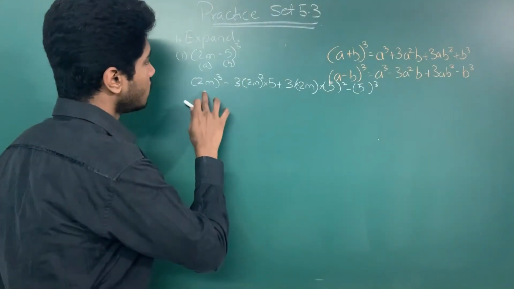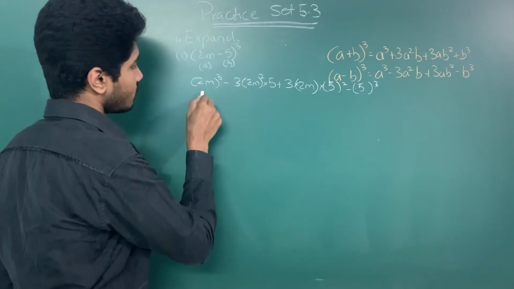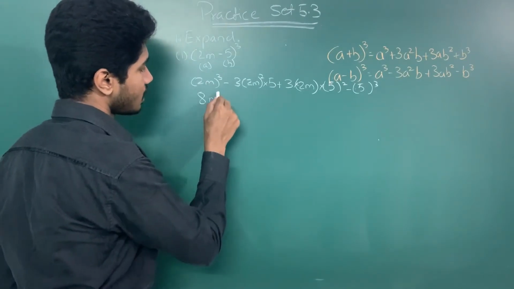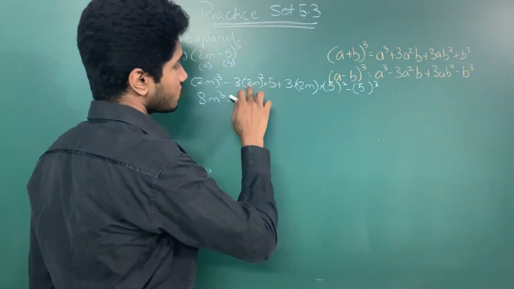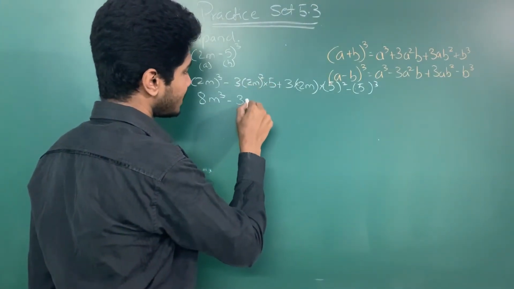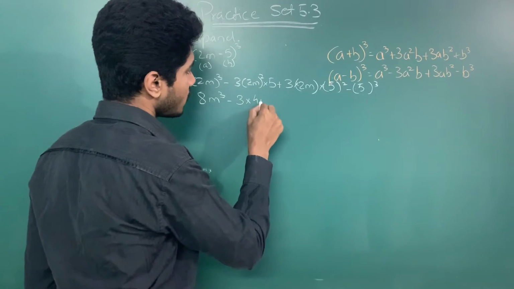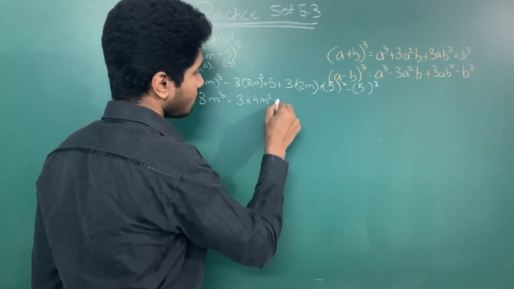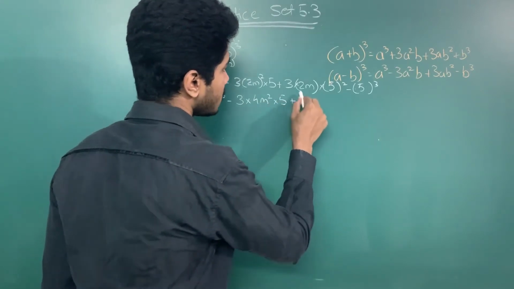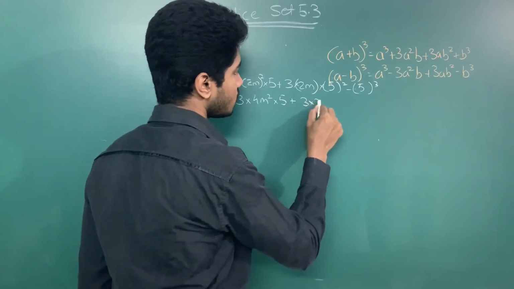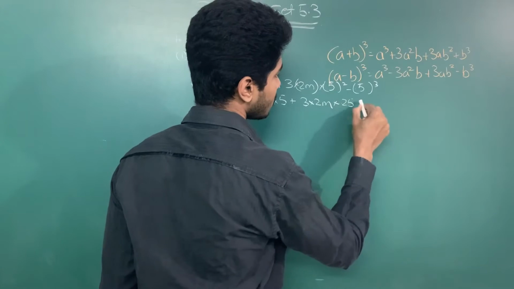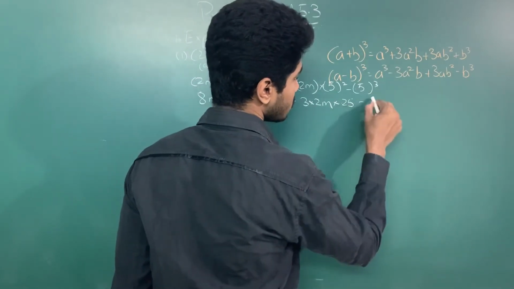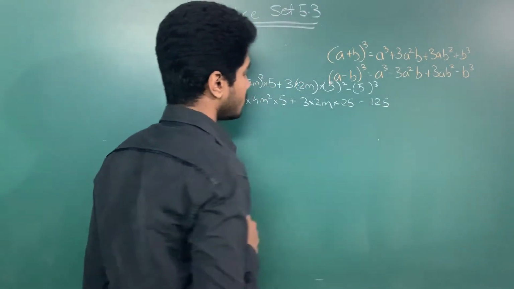Now (2m) cube, so 2 का cube is 8, m cube, minus यहाँ पे 2 का square होगा, so it will be 4, so it will be 3 into 4m square into 5, plus 3 into 2m into 25, minus 5 cube is 125.